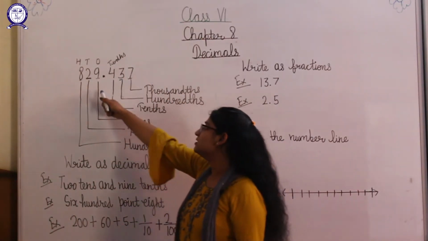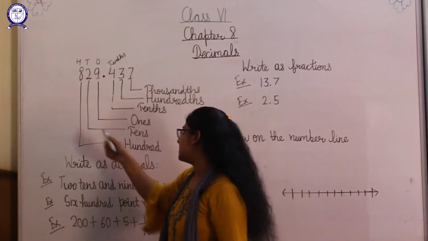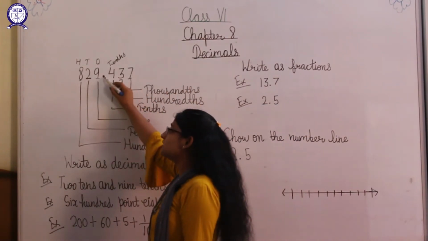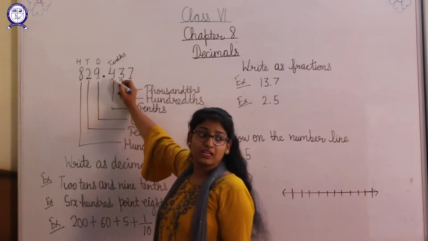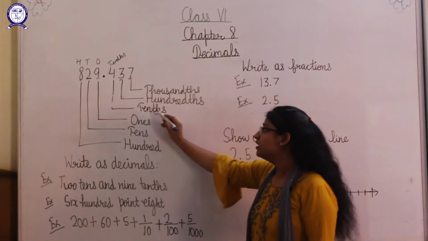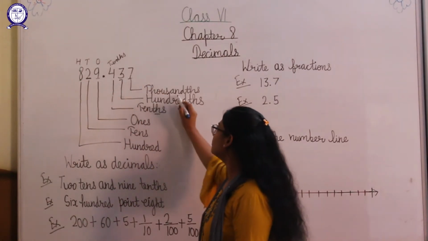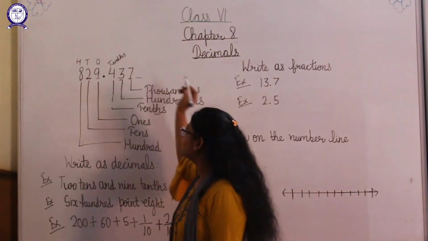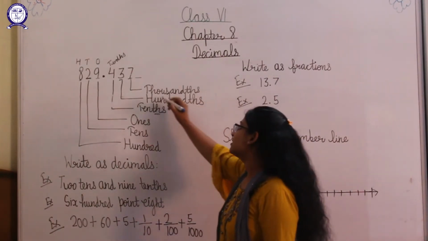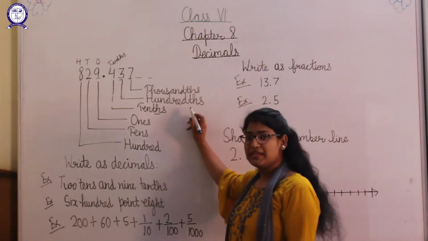As I have written here, this is ones place, 2 is at tens, 8 is at hundreds. Okay, and when we talk about the digits after the decimal, then they are tenths. TH will be there with them. So this will be tenths, then this will be hundredths, and this will be thousandths. Suppose if there is any other digit, then that would be ten thousandths. After that, lakhs. Okay, TH will be added after the places.